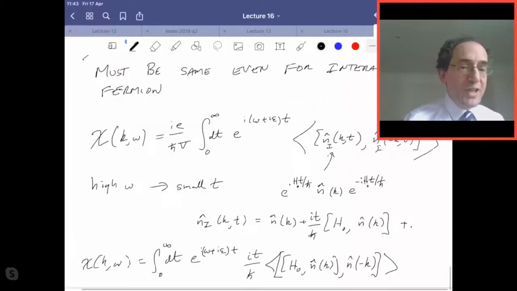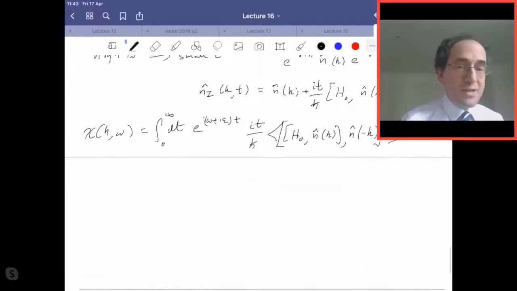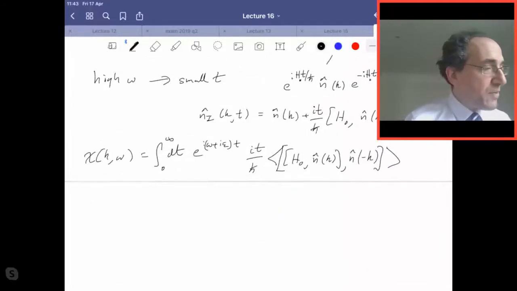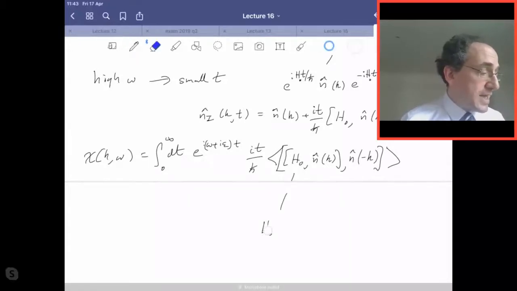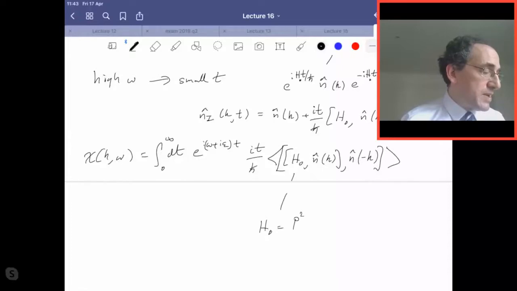And we've seen double commutators of a Hamiltonian with density before. If you recall, when we wrote this down before, we did this for bosons, and it's exactly the same for fermions, that H naught is p squared over 2m, the kinetic term.